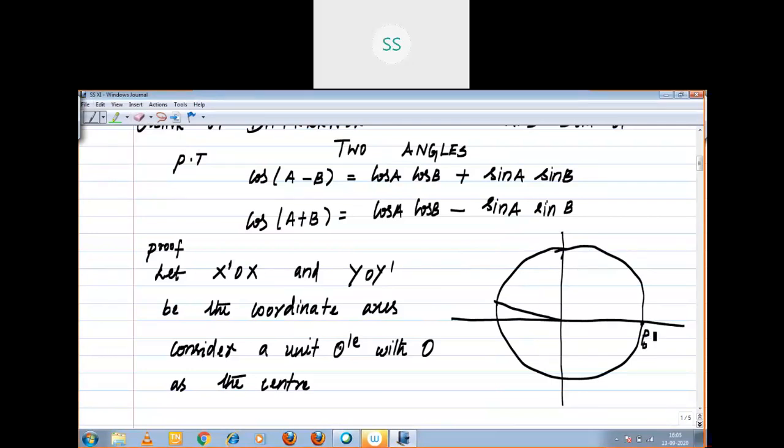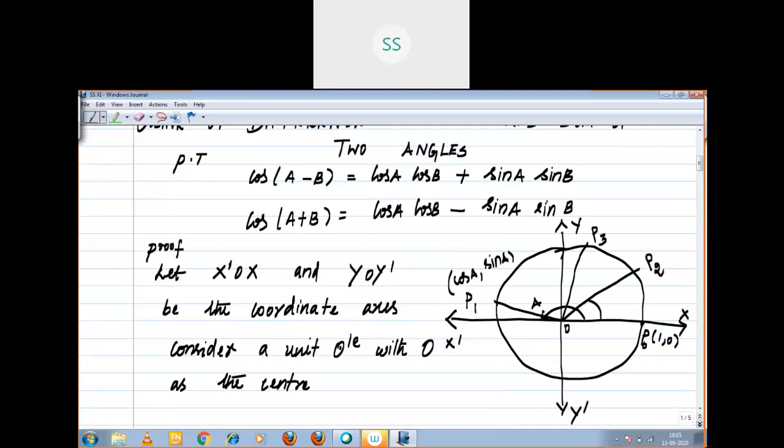Right, now you can understand easily. This is my P naught, 1 comma 0. This is my x axis, y, x dash, y dash. This is my P1, with coordinates cos A, comma sin A, because the angle is A. Now you see, this is P3.